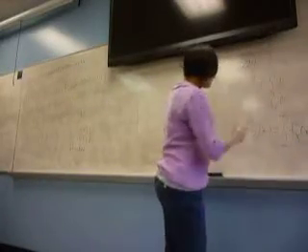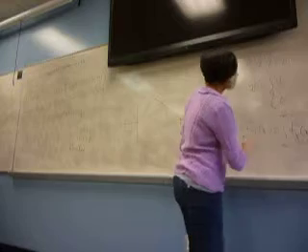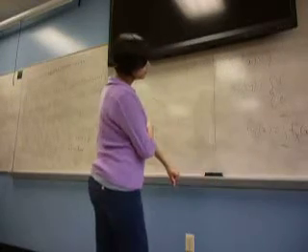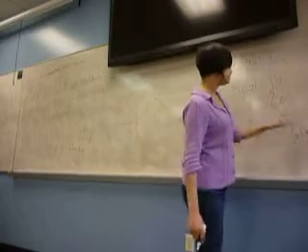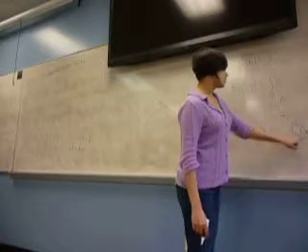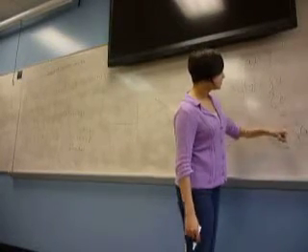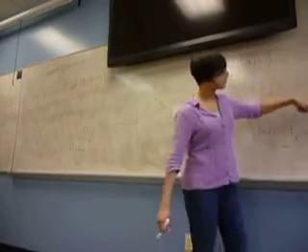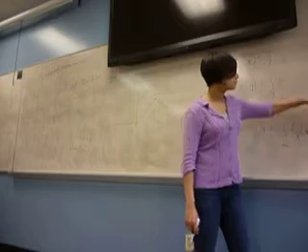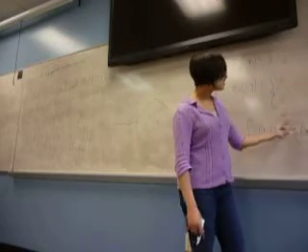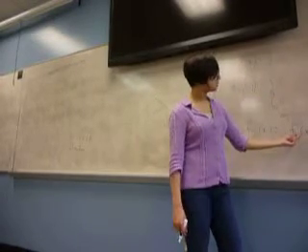Okay, so let's see what we have to integrate over. We need to integrate over the region where this product will be non-zero, which is when both of these are not zero, right? So this is not zero when x is between 0 and 1.